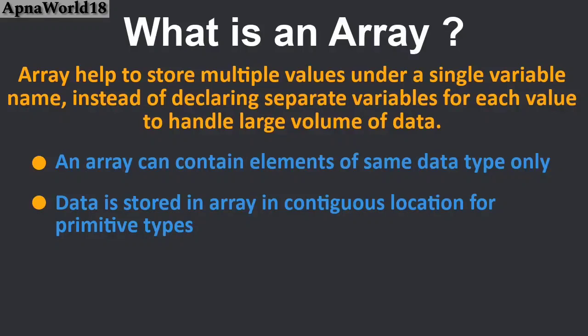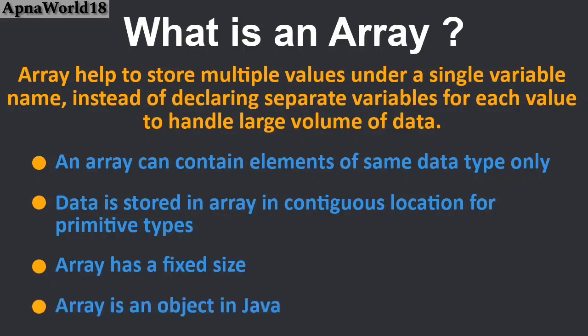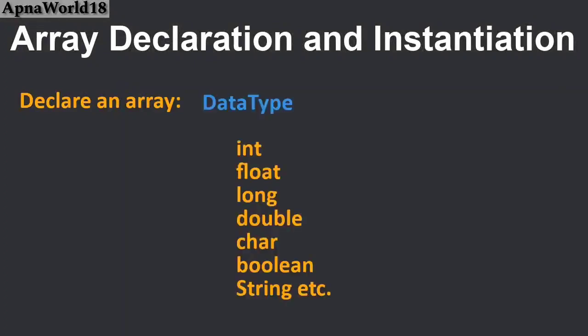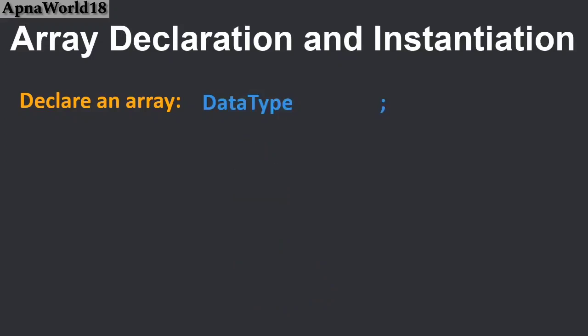Data is stored in array in contiguous location for primitive types. Array has a fixed size and is also an object in Java. Let's learn how to declare, create, initialize and access an array. To declare an array, we first give the data type like int, float to tell the compiler what kind of value will be stored and then give the name of the array.